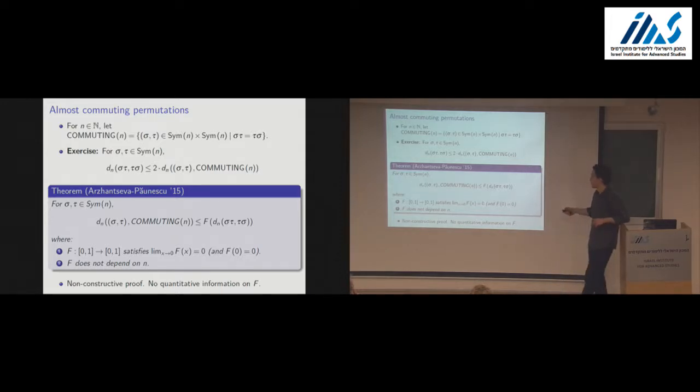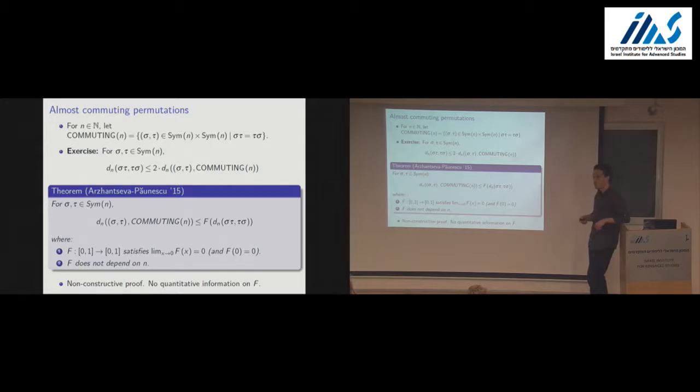Okay? So let's just see exactly what's written here. I'm not expecting a linear expression like I have here, but for some f, which approaches 0 as x approaches 0, the distance of a pair of permutations to the space of commuting permutations is at most this f times the distance between sigma tau and tau sigma.